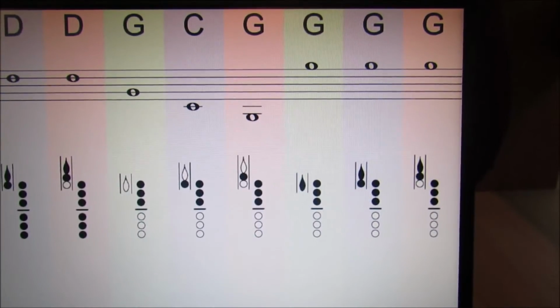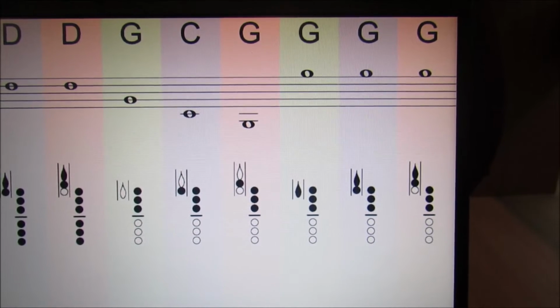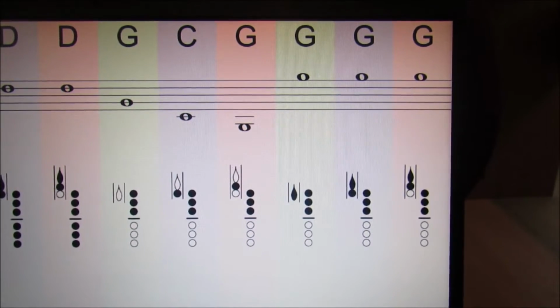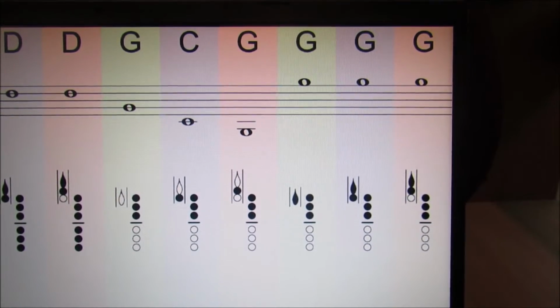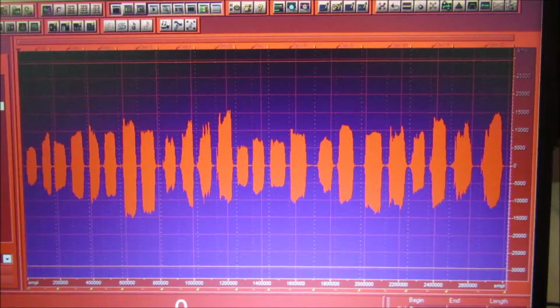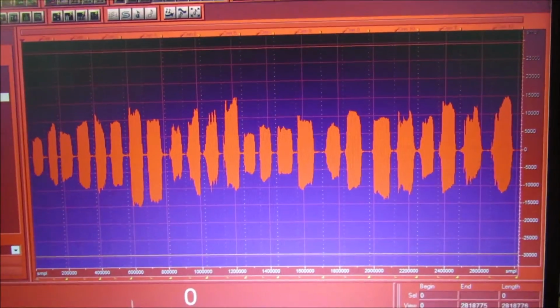Another example is this one right here, where the saxophone would be G4, the same thing on clarinet would be C4, and the other instrument would be G3, and so when you blow to the first overtone, you get G5 for each. So if we go back to the waveform, here's the fundamental of these instruments.